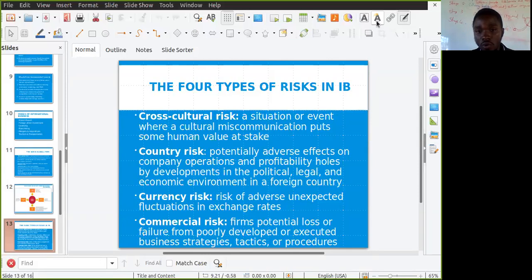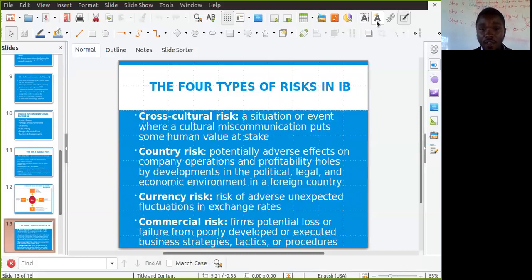Imagine if you invested largely in a currency that fluctuates randomly in a negative sense. As a business, you might lose out, and that at the end of the day might force your firm to collapse because that risk that you're experiencing is negatively affecting your business.